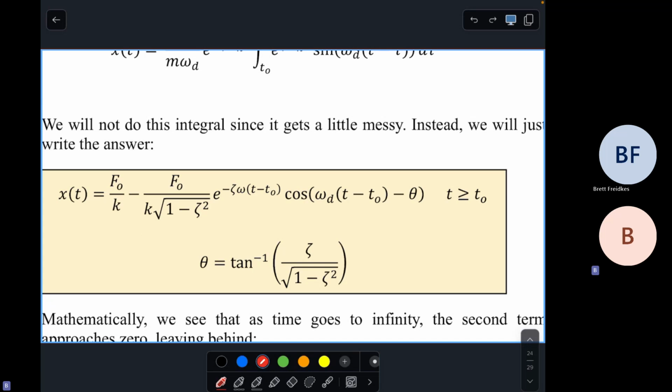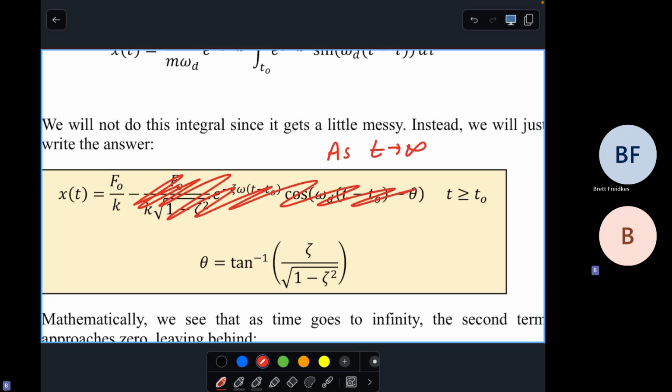So what we learned here is that as t went to infinity, this other term ends up going away, which shows that x of t ends up being f naught over k. What is that? That's a static deflection.